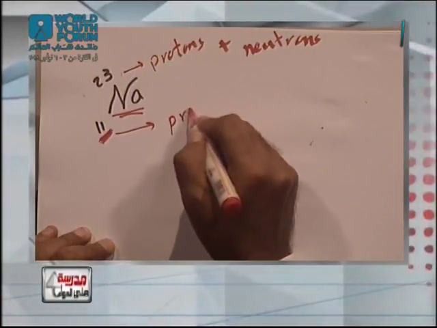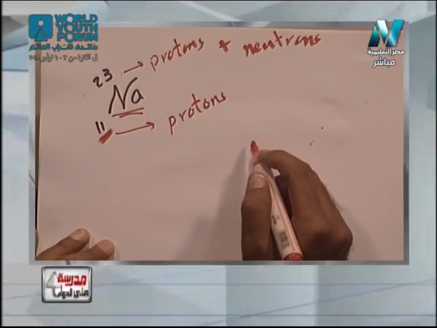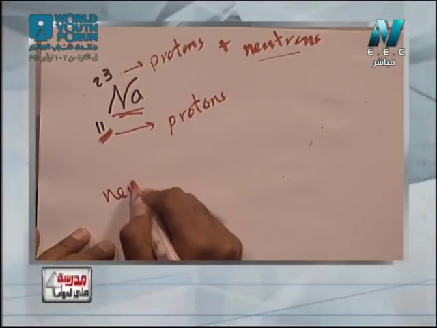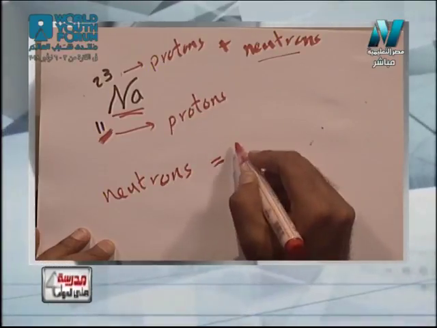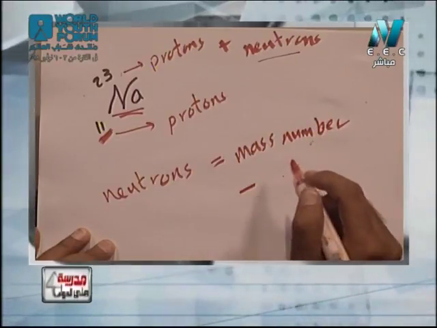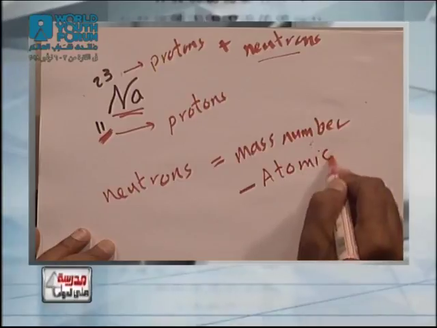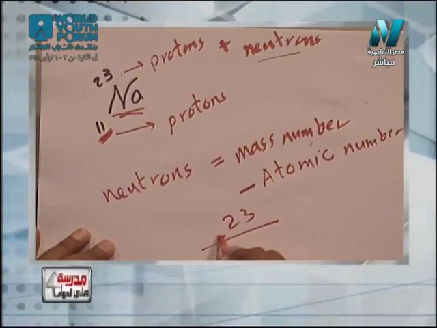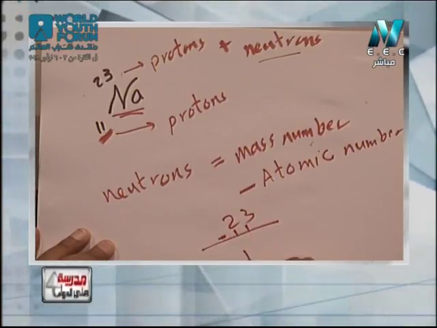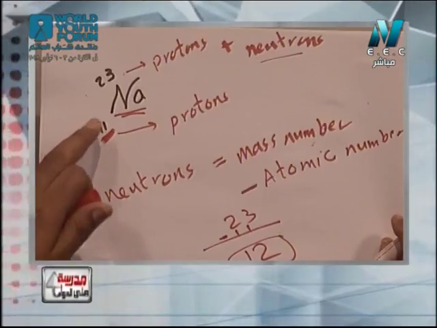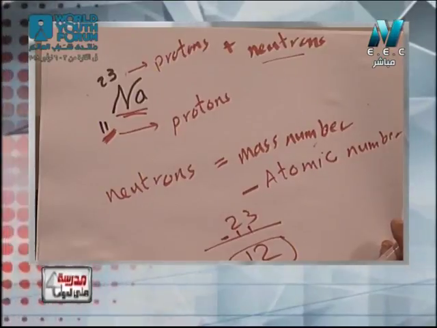So if I ask you to find out the number of neutrons, the number of neutrons equals the mass number minus the atomic number. That means 23 minus 11, and it will be 12. So the atom of sodium contains 11 protons, 11 electrons, and 12 neutrons.